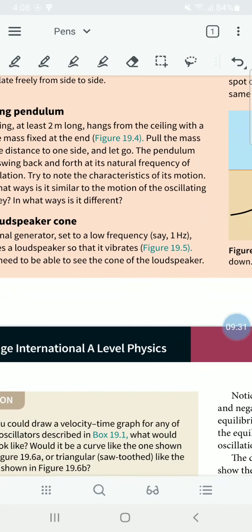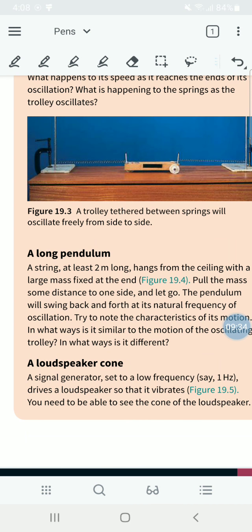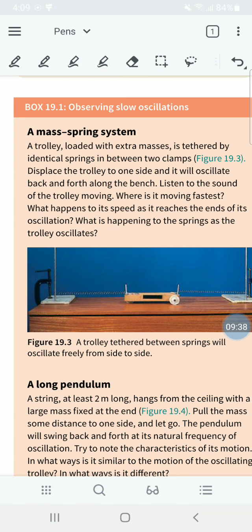Write a note. To observe oscillations, we need to create a setup which provides a frequency lesser than 5 Hz, which is usually the limit of our eye to see the oscillations.